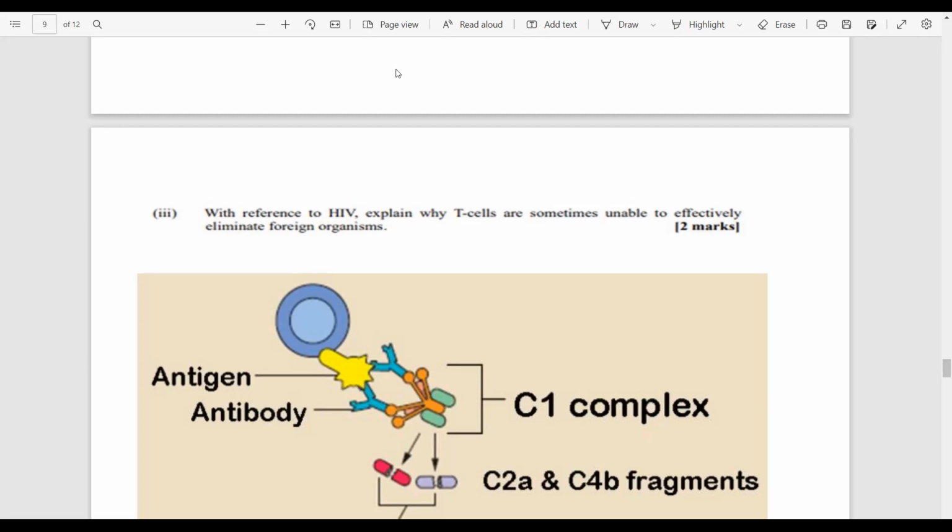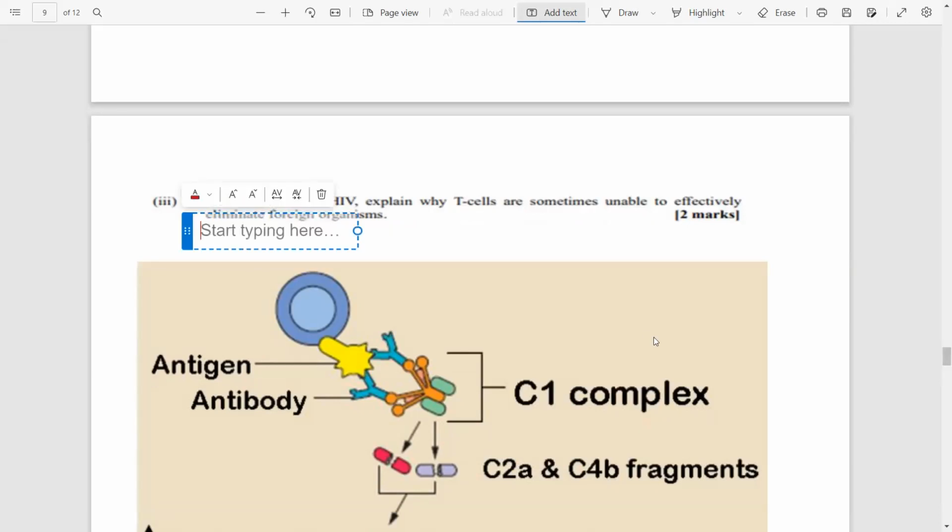So you have seen, because the virus inserts its DNA into the person's DNA, good, that's good. It keeps changing, so the antibody can't destroy it. All right, not exactly. I wanted you to say that this virus infects the T helper cells. Remember, this is the cell that is supposed to coordinate the immune response.